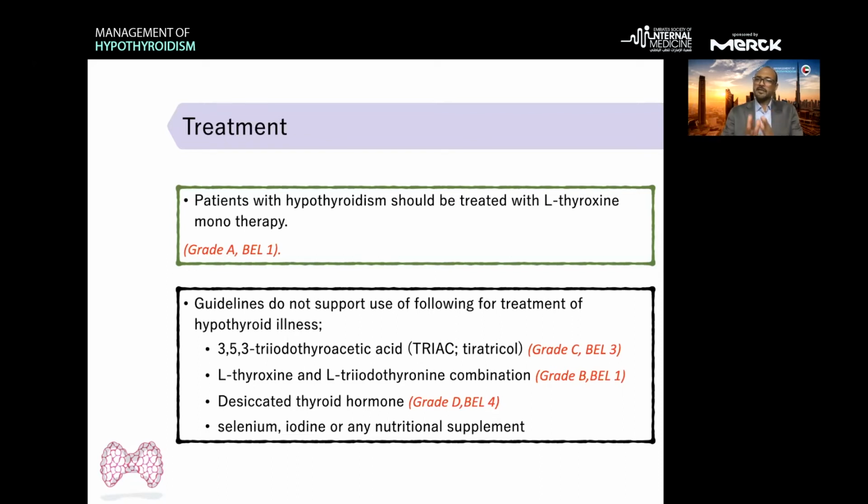The guidelines do not support use of any other medications with thyroxine. They don't support using desiccated thyroid hormone or selenium or T3 in combination or any other medicine. Again, guidelines would say only thyroxine monotherapy.